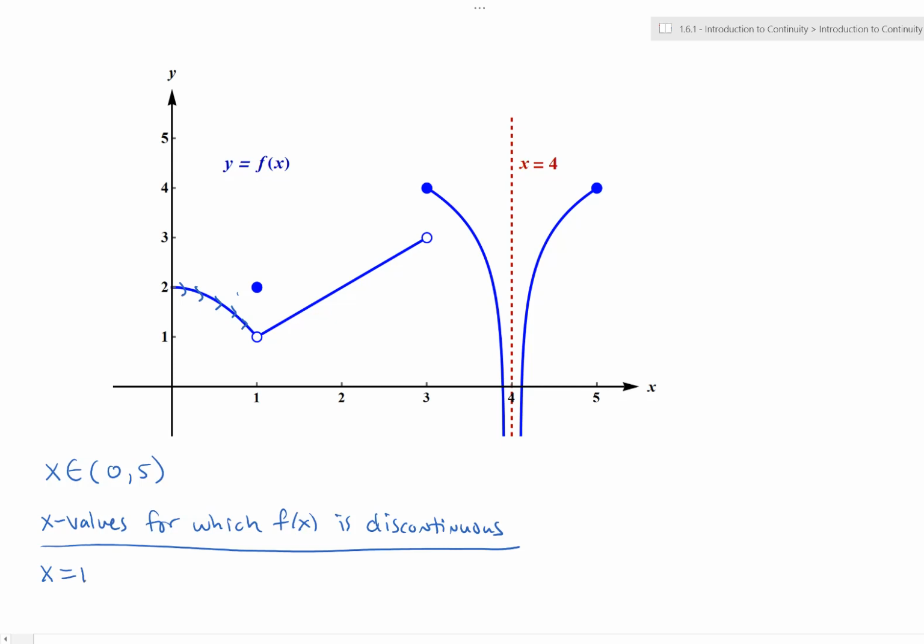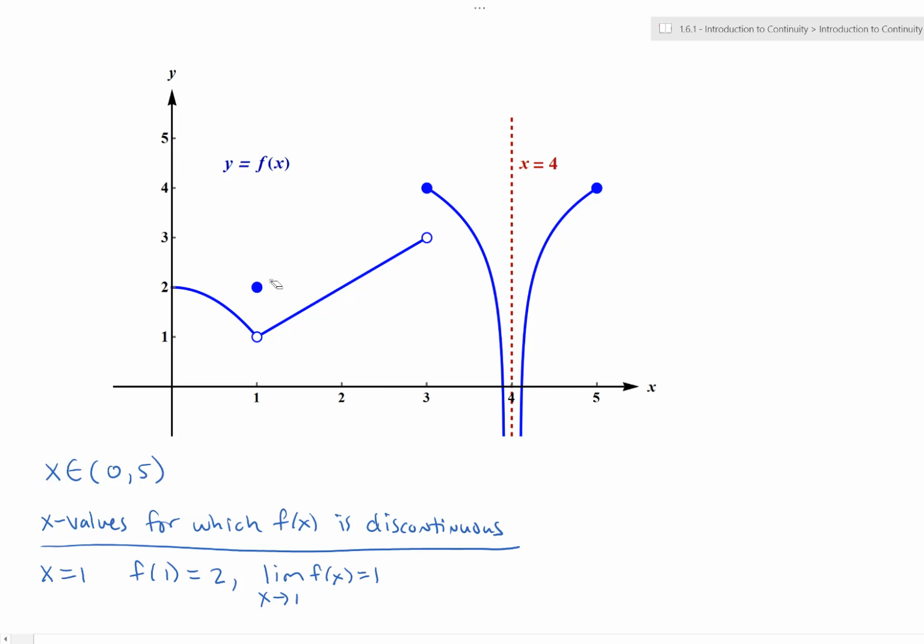Now, why so? Well, we notice that at x is 1, the function is defined there by that dot, right? So that's good. f of 1 is 2. Check 1. Check 2: if I approach x is 1 from the left and from the right, the limit exists. The limit as x goes to 1 of the function is actually equal to 1, as we just showed in the graph.